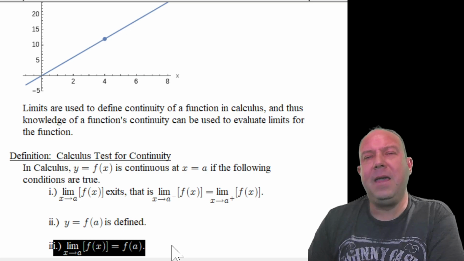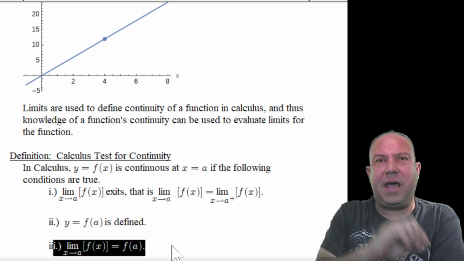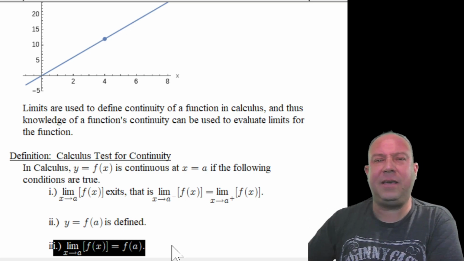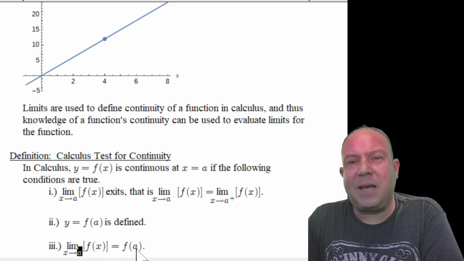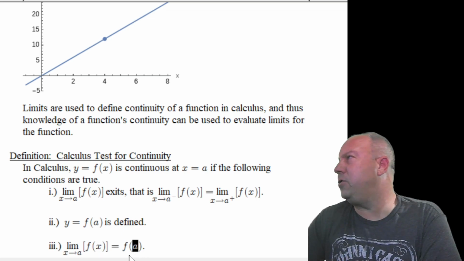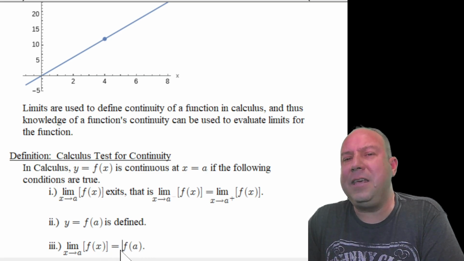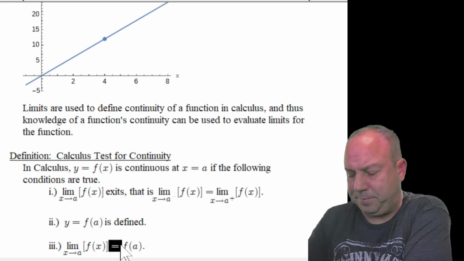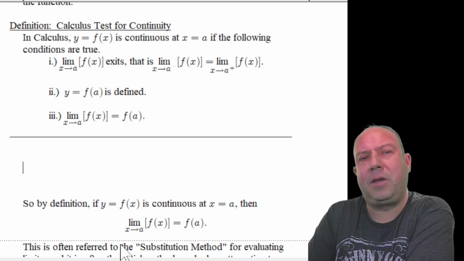If y equal to f of x is continuous at x equal to a, then I can take the value of a, substitute it into my function as the independent variable, and that dependent value will be equal to the value of the limit. That's referred to as the substitution method, and I bring that up in the notes.